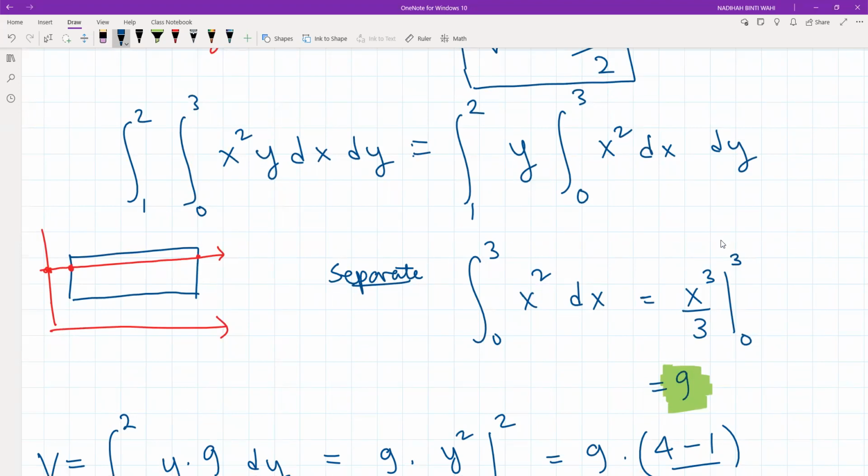And the nice thing about a rectangular region is that you can interchange dx and dy. If you interchange the order, the value of your volume is always the same.